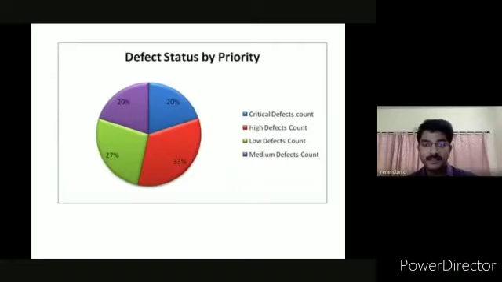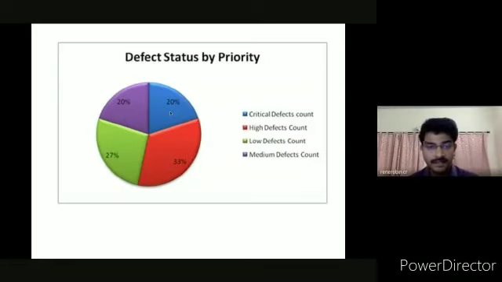And this is a pictorial representation of the critical defects count, high defects count, low defects count, and medium defects count. The single picture gives meaningful information to the management that 20% are critical defects.